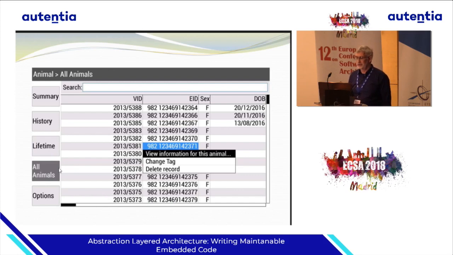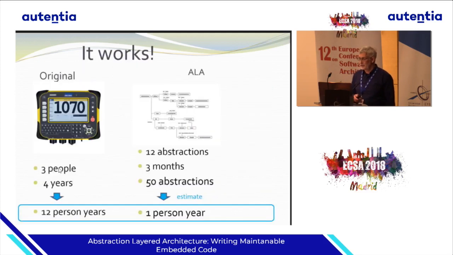It's actually quite an interesting sub-story about how the student learned how to do this and learned the constraints, and the observations about how he saw it all. But in the end, we have this comparison here. The original team who wrote the original code for this were 3 people, 4 years, so 12 person years. And the student had written 12 abstractions and got it working in 3 months.